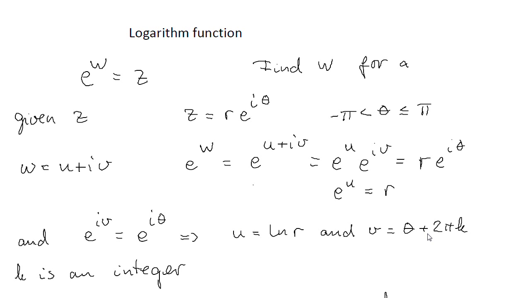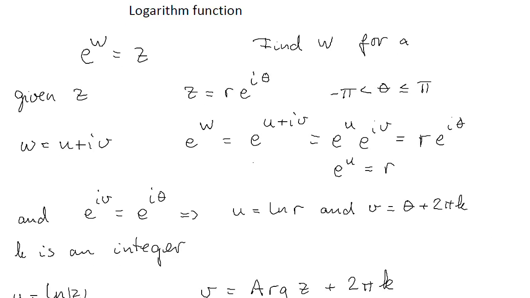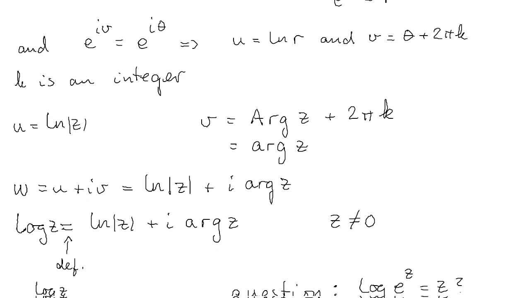plus some integer multiple of 2 pi. So this means that k must be an integer. Okay, since r is the absolute value of the complex number z, we can replace this here.